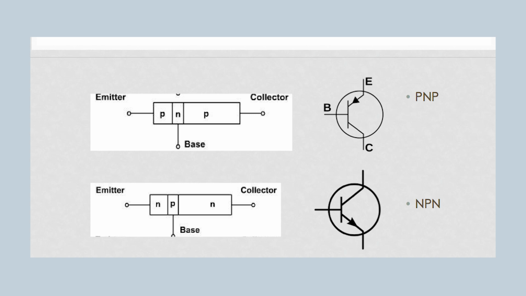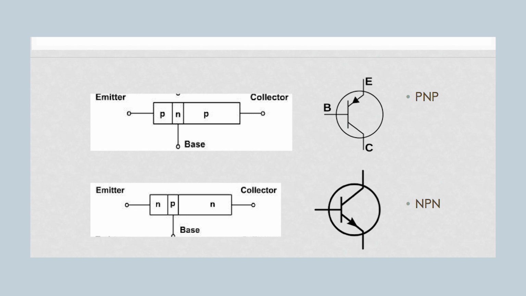Here we can see the symbolic presentation of an NPN transistor. Here you can see that the arrow is on the outside. So, this is the symbol of an NPN transistor. In an NPN transistor, the arrow is represented in the outward direction and it is at the emitter end.